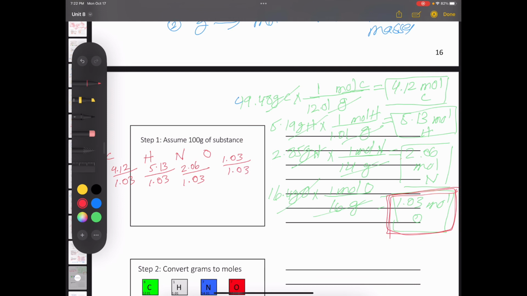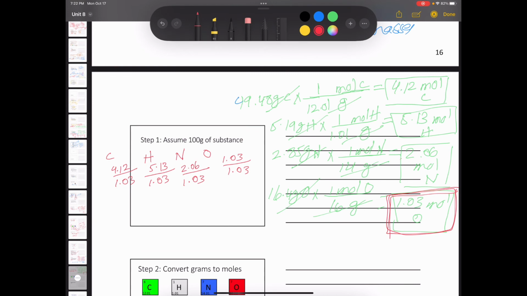The results of these fractions basically represent the ratio for every element in that empirical formula. So 4.12 divided by 1.03 equals 4. For the hydrogen, that would be a 5. For the nitrogen, that would be a 2. For the oxygen, that's a 1.